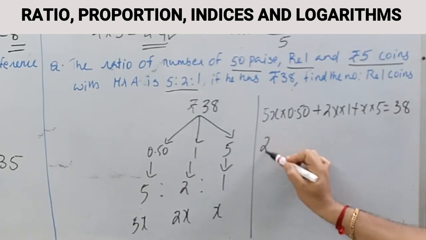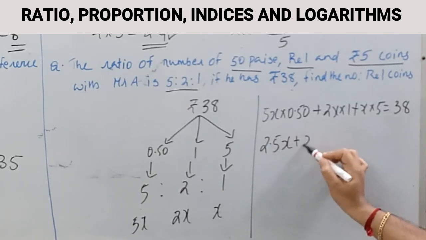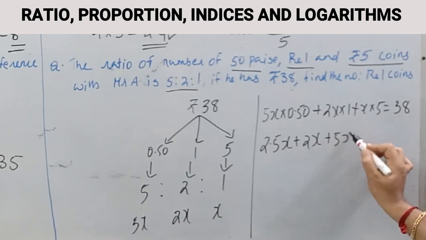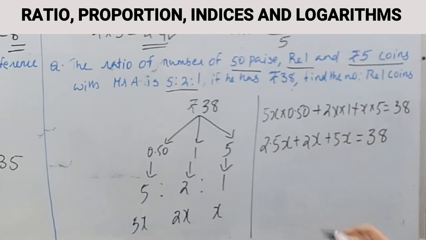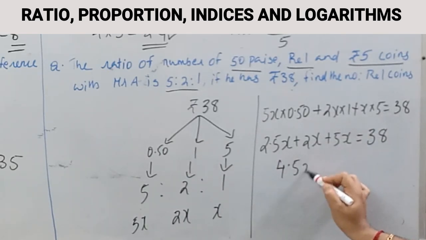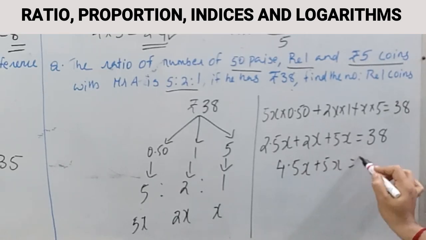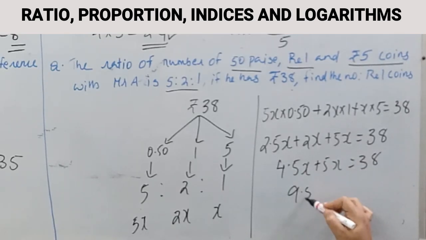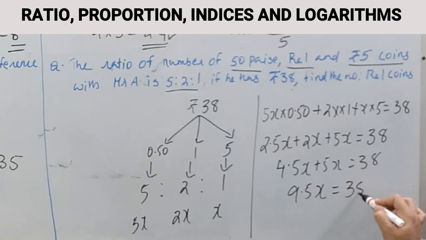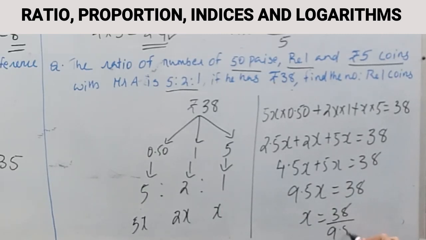That means 2.5x plus 2x plus 5x is equal to 38. 4.5x plus 5x is equal to 38. That means 9.5x is equal to 38. Therefore, x is equal to 38 divided by 9.5 equal to 4.